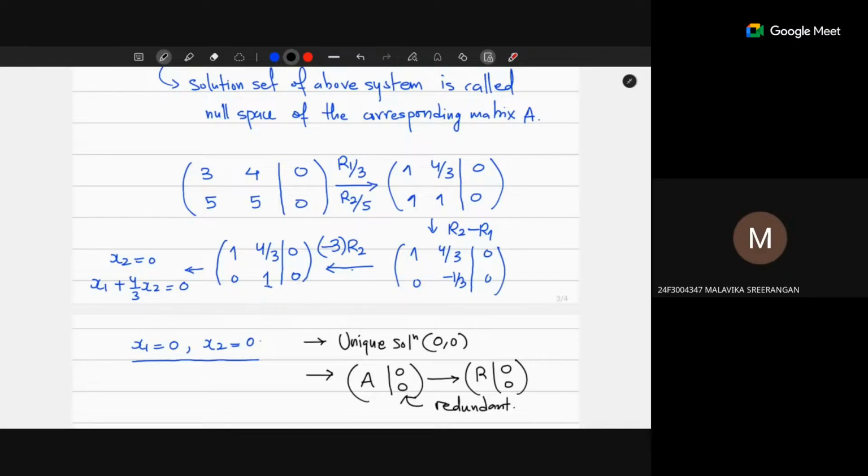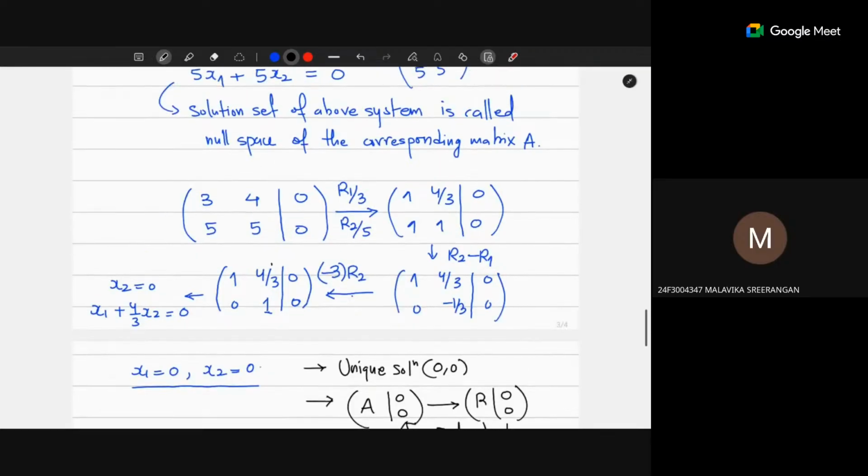One can do one more step and make that entry 0 to obtain the row reduced form, but I haven't done that. I just stopped at this point, because it doesn't affect my solution.